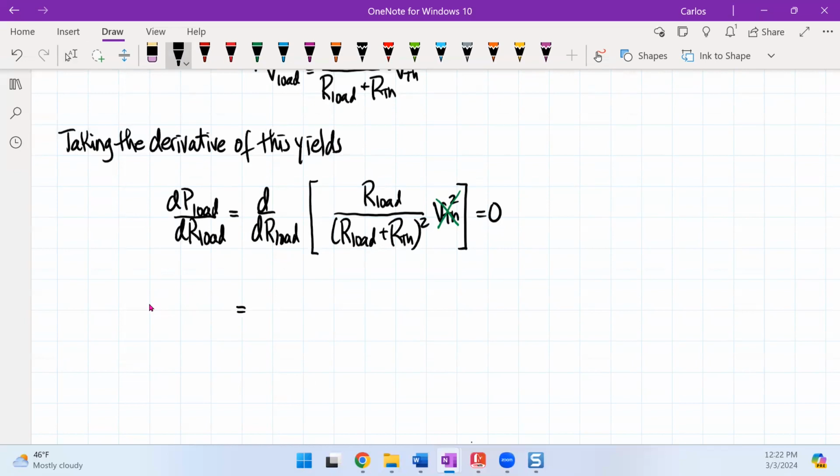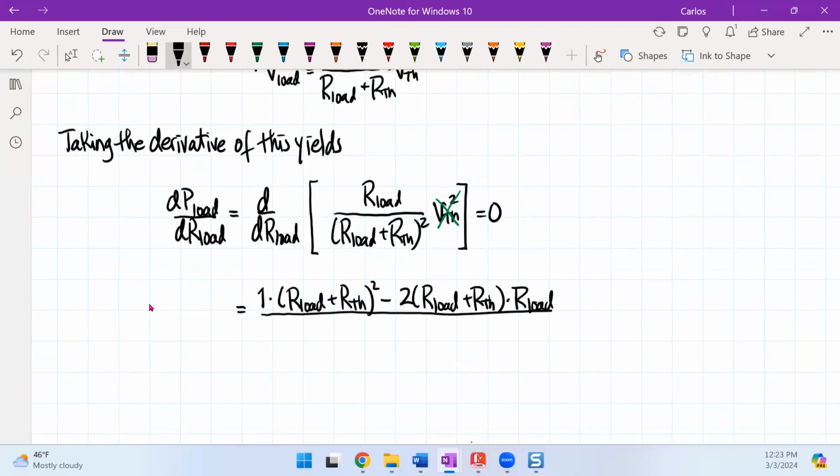It then says that this guy is then going to equal to take the derivative of the load, that's 1, times the denominator minus the derivative of the denominator, which will give me 2 R load plus RTH times the numerator divided by the whole quantity R load plus RTH squared, which will give us to the fourth. And this is what's equal to 0.